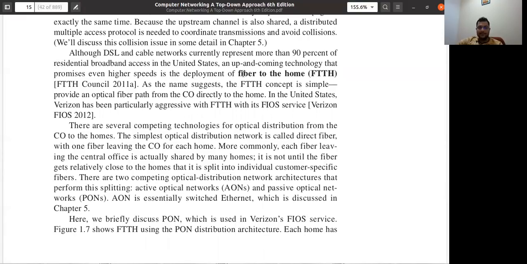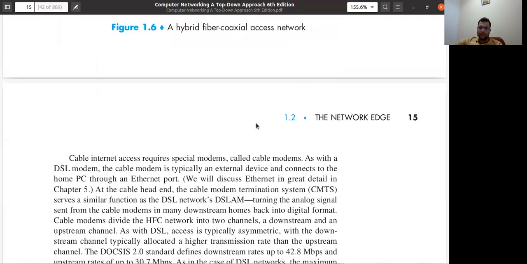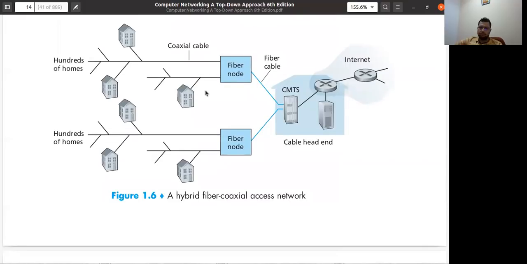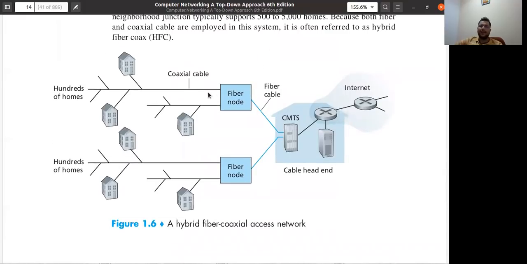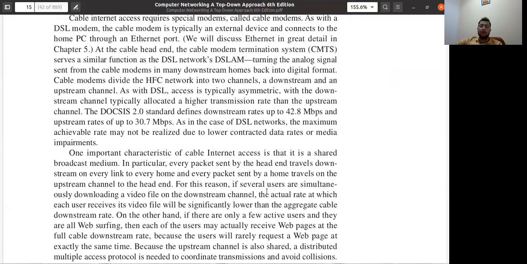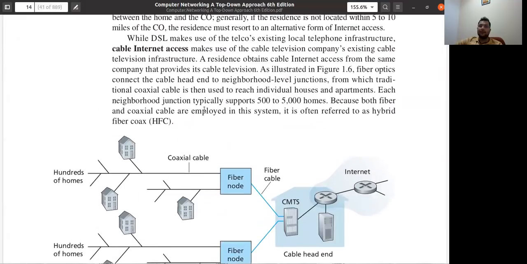The same existing network, in case of the cable network and the telephonic network, was used for accessing the infrastructure network, the main network, the core network. So we'll not go into detail regarding all this coaxial cable technology, but more or less the idea is the same.